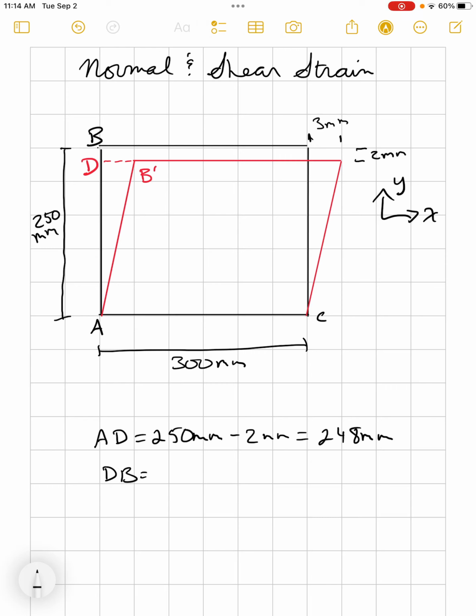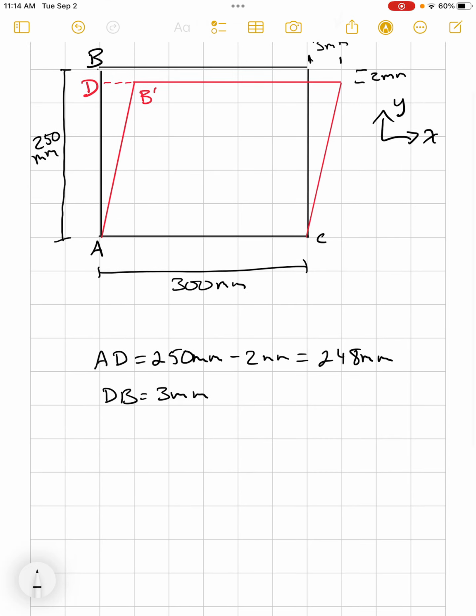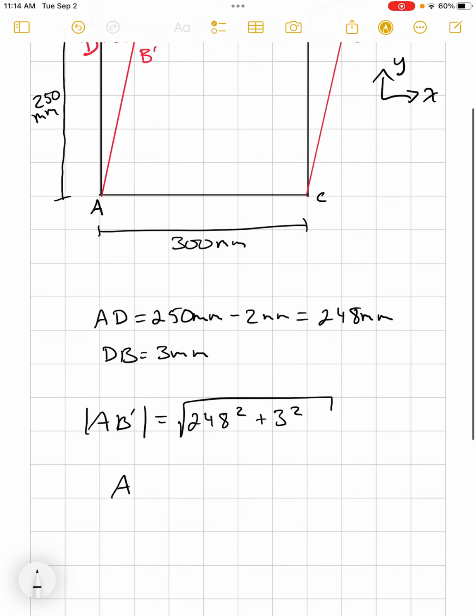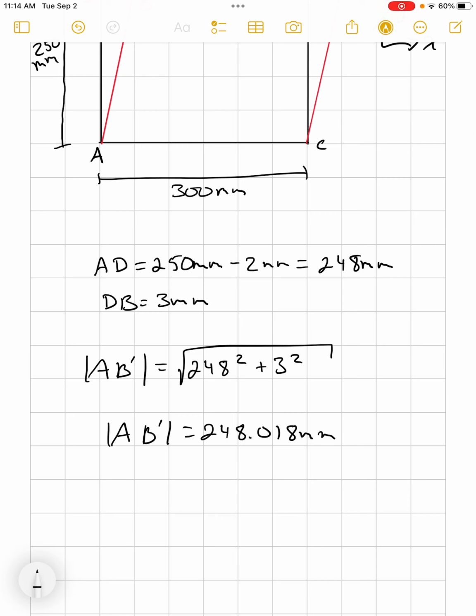DB is that offset that we see over here, so that's going to be 3 millimeters, okay? So we find the total length of AB prime by taking 248 millimeters and squaring that, plus 3 millimeters squared, square rooting the whole thing, and that tells us that the length of AB prime is equal to 248.018 millimeters, okay?